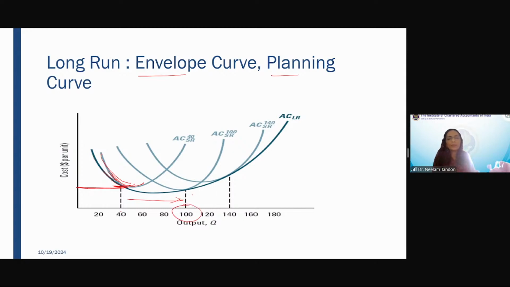Beyond this, what's happening? Now the cost starts increasing. So if you go for 140 units of good, the cost goes up from this. Here it is minimum, no? And here the cost goes up. So that is what the planning curve is all about. Okay.